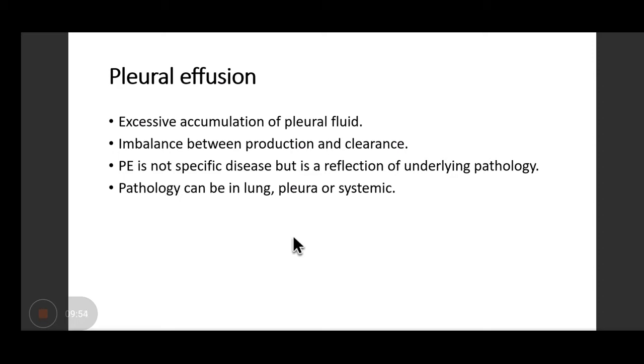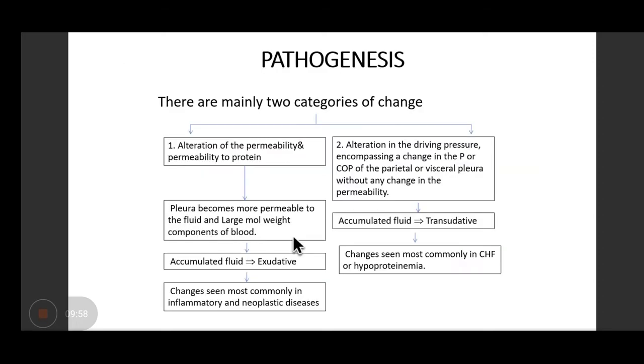Okay, now how is there excessive production of the pleural fluid? So there are mainly two processes which are happening. Okay, there is alteration in the permeability of the proteins. So there is this equation, I don't know whether you've studied, known as Starling equation. You apply that Starling equation to the pleural fluid production.